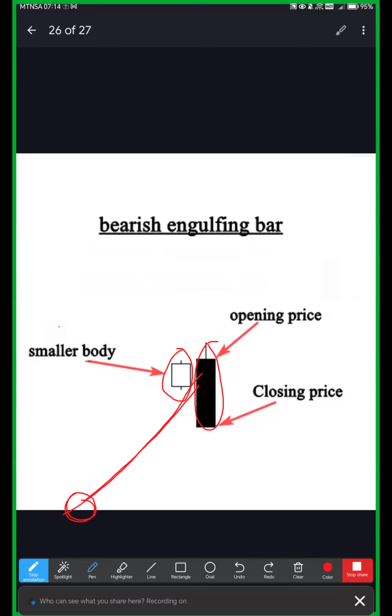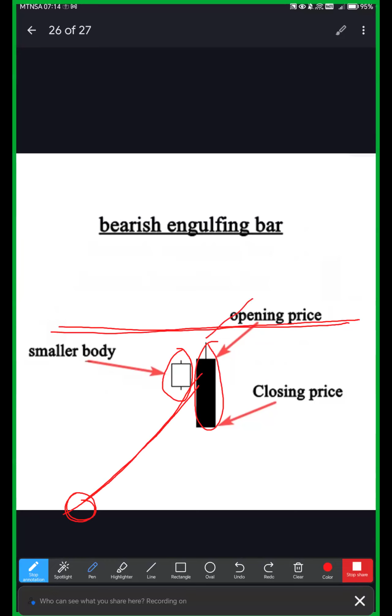Now it reaches a certain level, ladies and gentlemen. Whenever price is going up, it doesn't just go up. It reaches a certain level where you will see that price is struggling to continue going up.